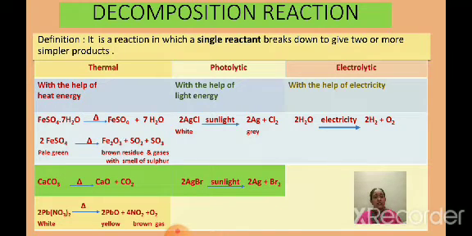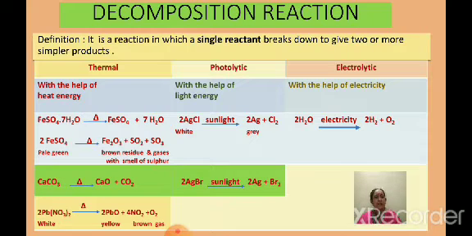Now, whether it is heat energy, light energy or electricity, energy is provided to the reactant. Then only it can break down to give the products. That means in decomposition reaction, the reactant will absorb energy. So, this reaction can be known as or called an endothermic reaction.